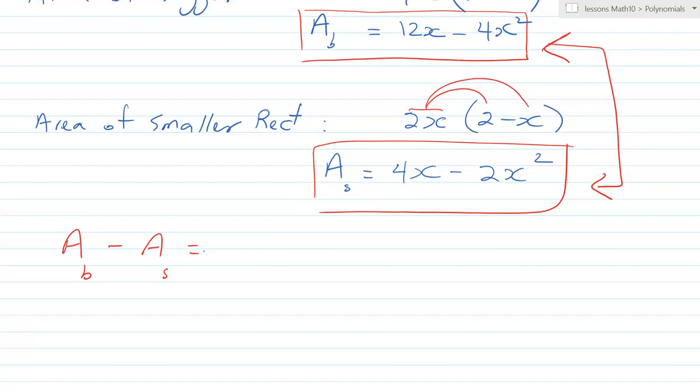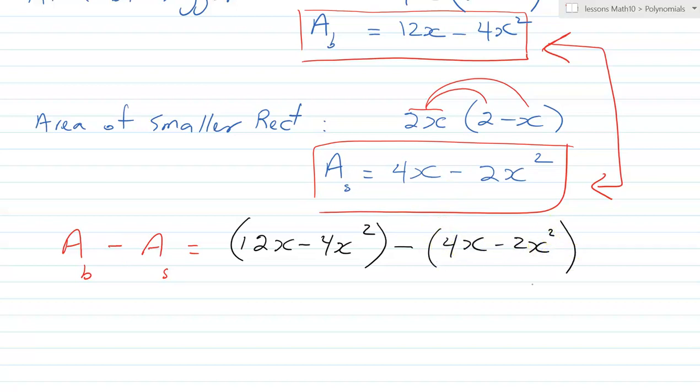So we say 12x minus 4x squared in brackets, minus, because we have to subtract away the area of the smaller rectangle from the bigger rectangle. Excellent. Now we've got to do the math.